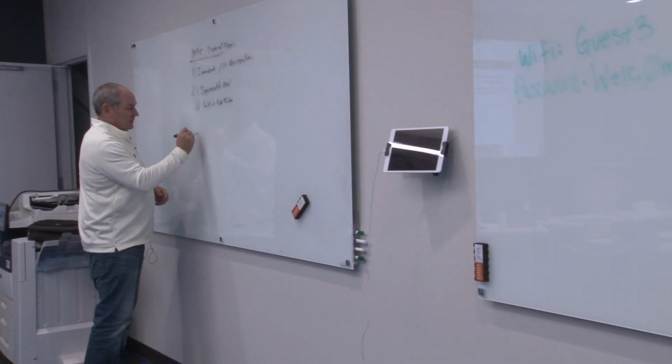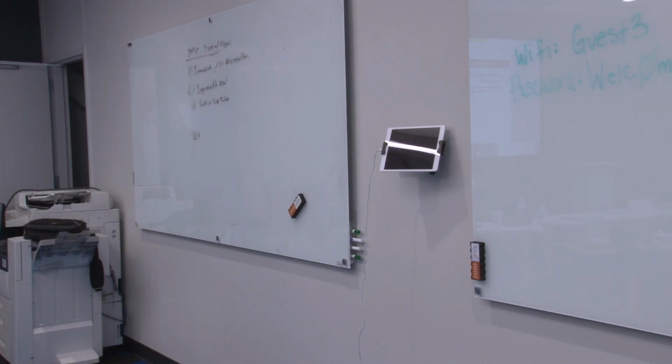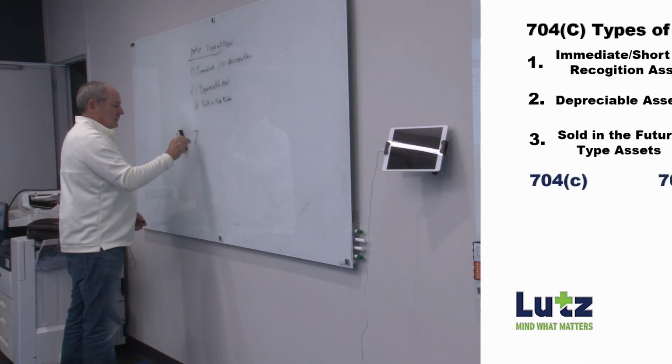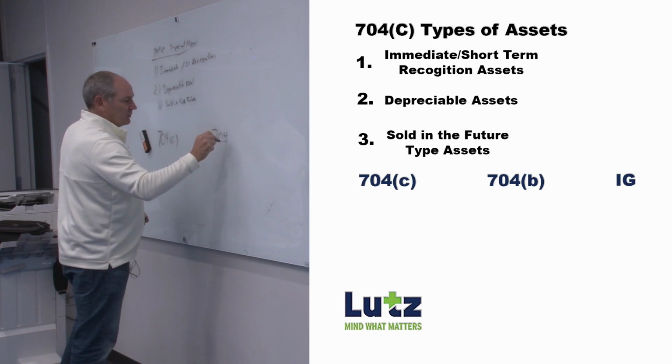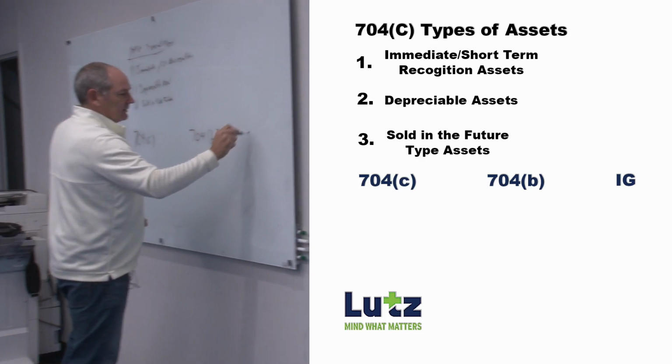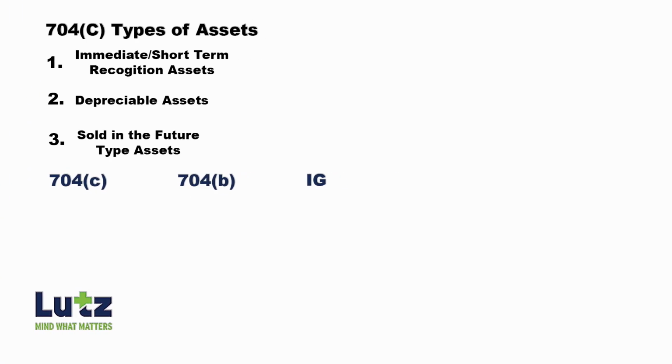So I have a 704C, 704B, and you have inherent gain, right? We all agreed that those were our categories, right? And then we had Aaron and Pete that did the land earlier, okay?